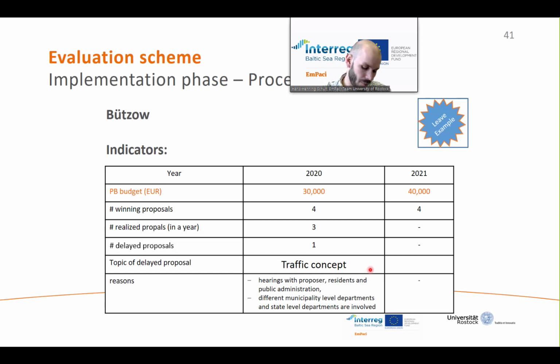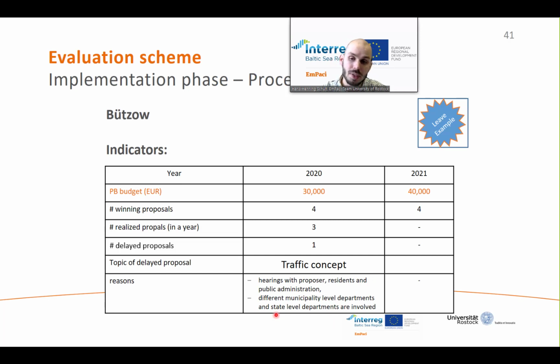Which means, especially in Germany, I don't know about other countries, but in the German case, traffic is not on the municipality level. It's on the state level. So this is originally a proposal that is not really made for a PB process because it requires state level power.